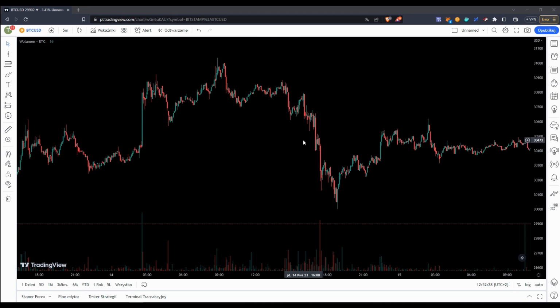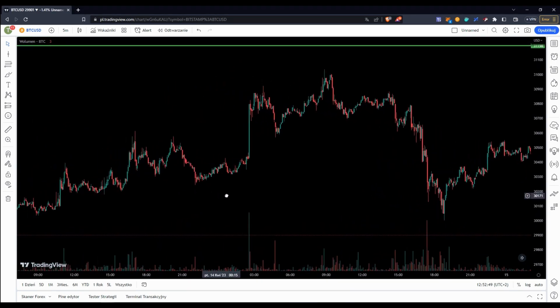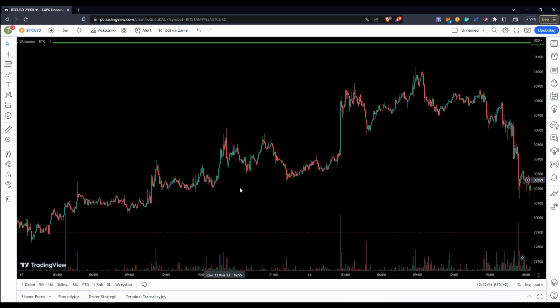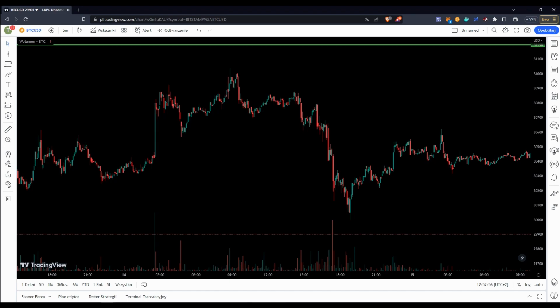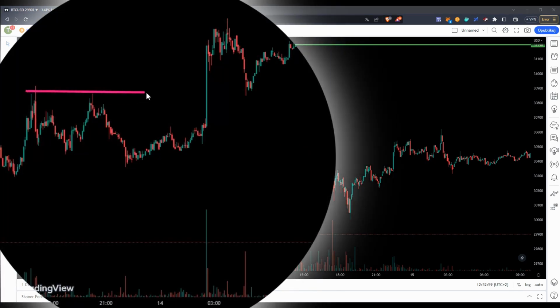Of course, we know that lately we've seen a quite significant move to the upside when it comes to crypto. In that case, on the shorter time frame, volume is going to tell you what the next move might be, right? If we agree that over here was some kind of consolidation, this particular candle moved to the upside.